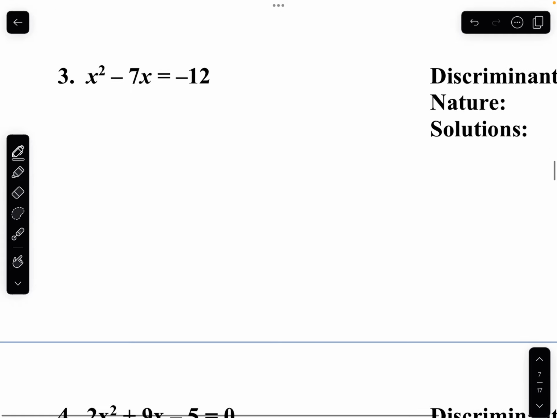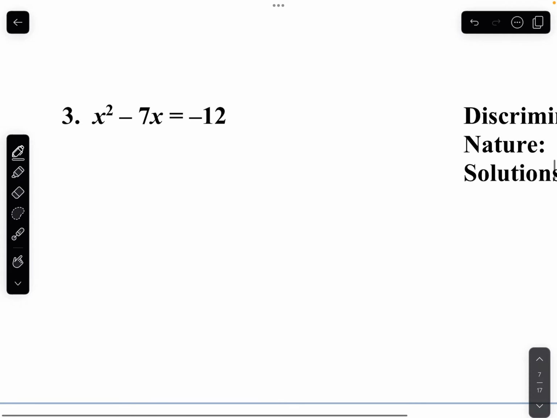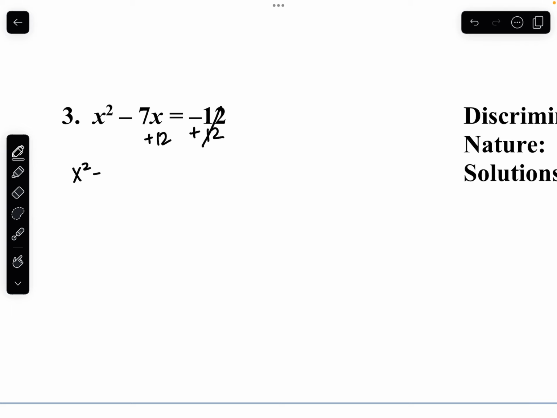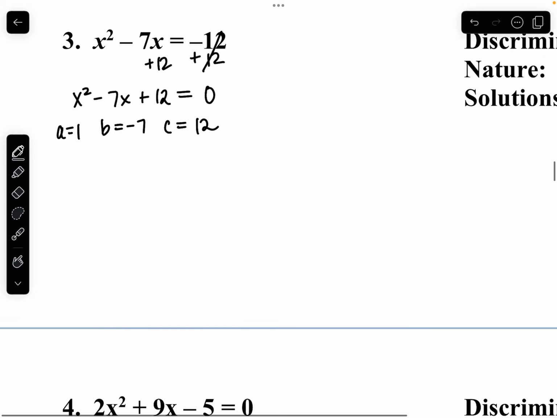Okay, I want to skip to number 3. The first thing we have to do is make sure this 12 is on the other side to be our C value. We need this equal to 0. Okay, and so here our A value is 1, our B value is -7, our C value is 12.